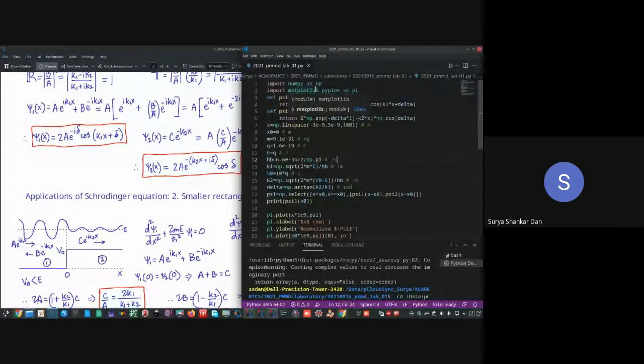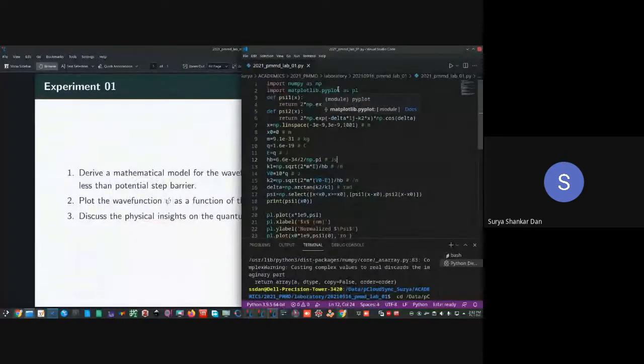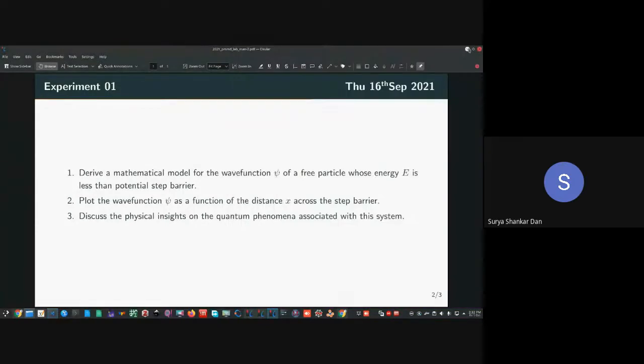Now, Matplotlib is a very, very big library. In Matplotlib, you will have several sub-modules like PyPlot, where you will have various functionalities. PyPlot is for 2D plots. Later on, we will see 3D plots and contour plots, visualizations. These tools are extremely important for data science also, where you have to visualize the data.